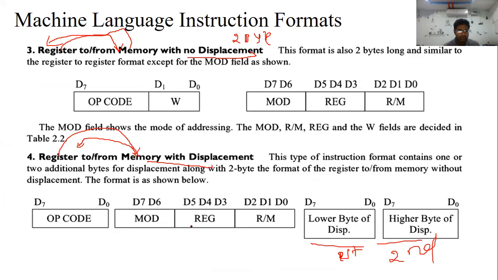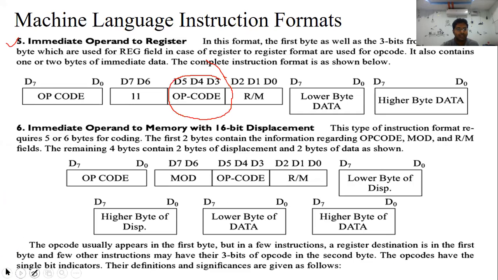The only change from that one to this one is that here we have an opcode: totally an 8-bit opcode, and another 3 bits are also allocated for the opcode.